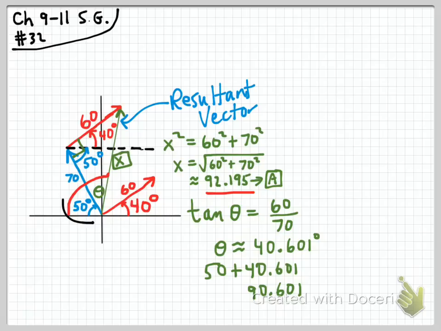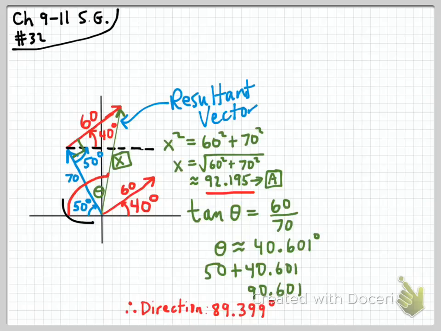And so we'll say, therefore, the direction is 89.399 degrees. 89.399 degrees would be the direction of the resultant vector, and we already have its length, so let me put a big box around the length right there, and then we also have a box around the direction.